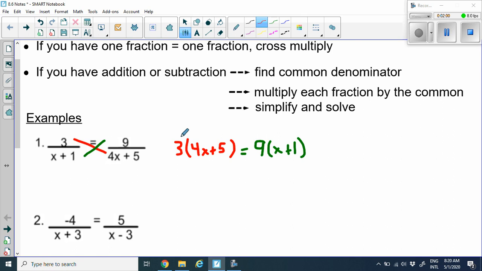Okay, so now I'm going to distribute my 3 to the 4x and to the 5. So I get 12x plus 15. And that's going to equal my 9x plus 9. And so now all I have to do is solve for x. So I'm going to subtract my 9x from both sides.